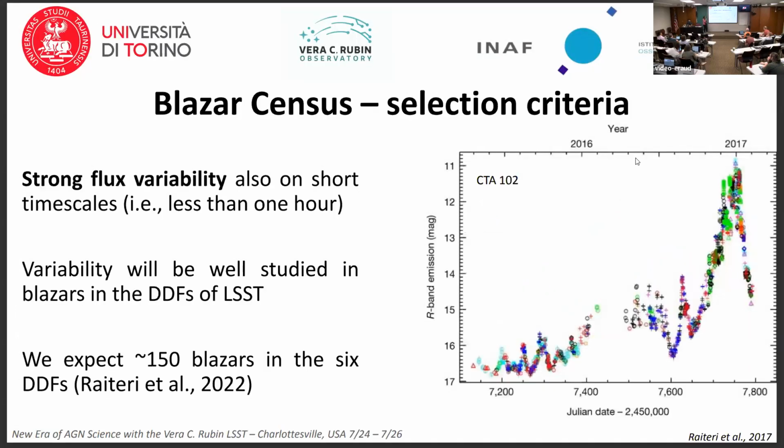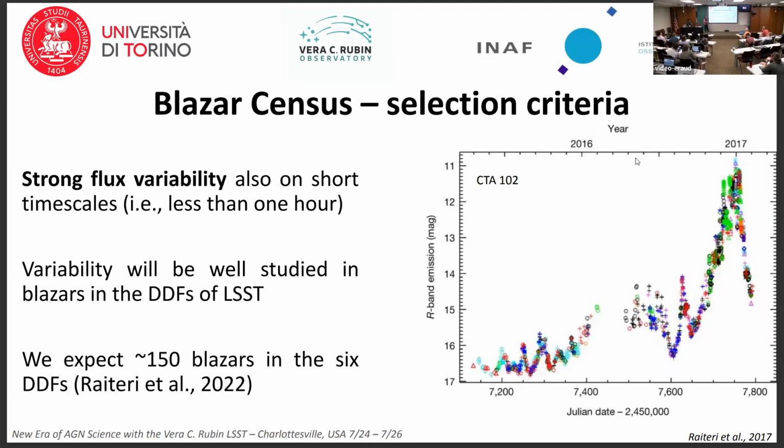But there are also some other selection criteria. For example, variability is a strong tool. Here I just put the example of a blazar that has extreme variability, varying by 6 magnitudes.